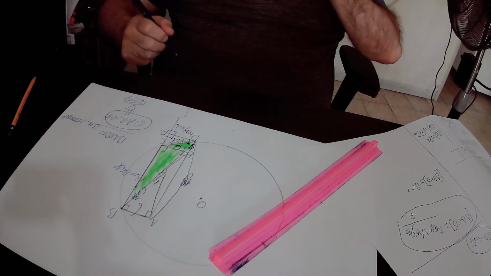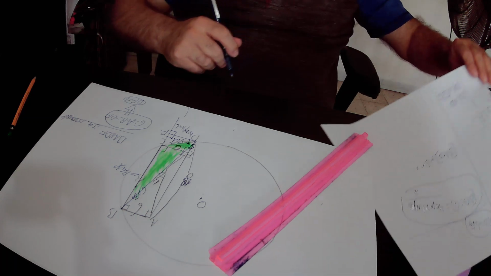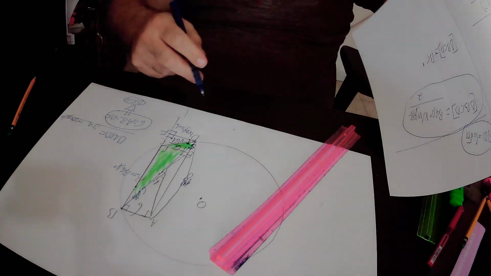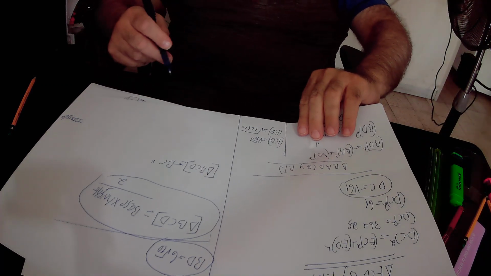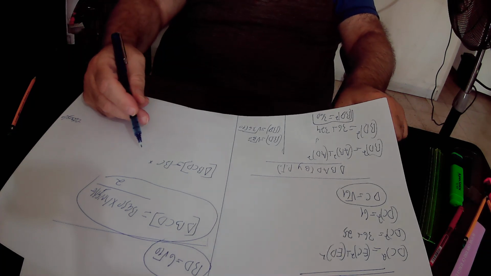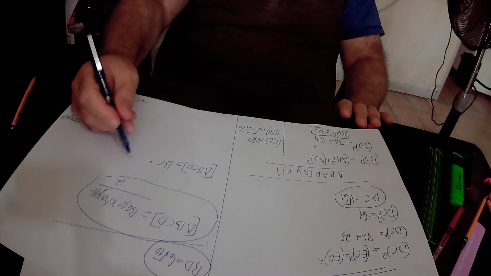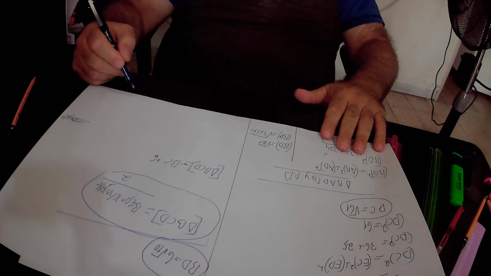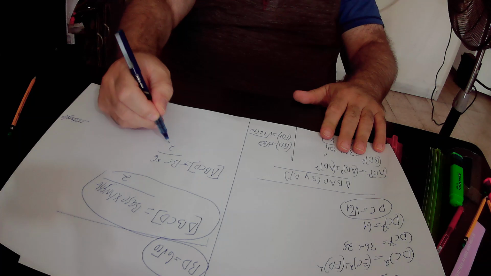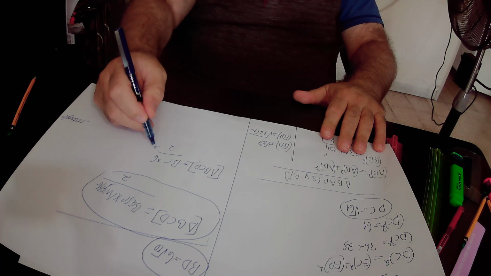Now, we can find the area of the green triangle BDC. The area of the green triangle BDC equals the base BC times the height, that is 6 units, according to what we have already found out here, over 2. So it is equal to BC.